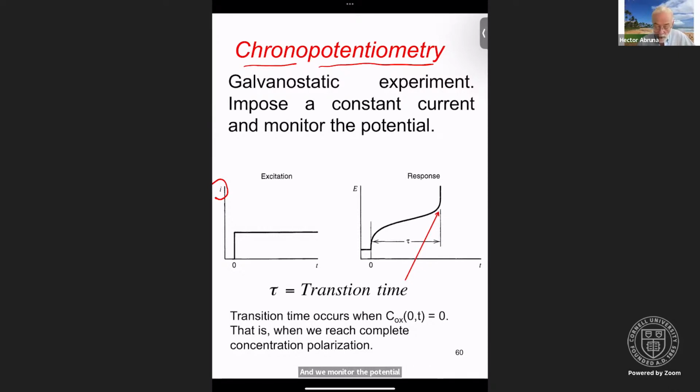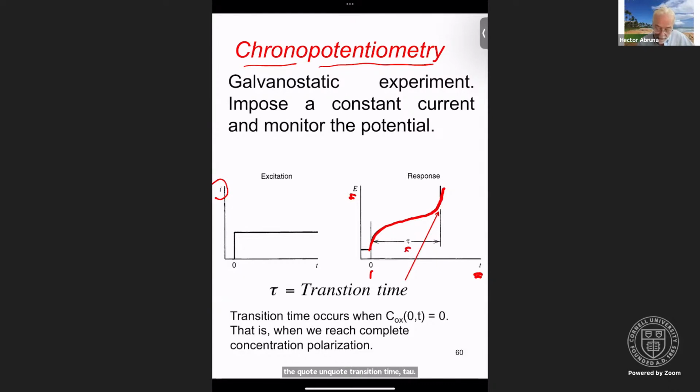A typical profile, if we look at the potential versus time response, is as shown here. This is where we put the current step. We'll see a profile that looks normally like that. If we extrapolate this, this is called the quote-unquote transition time, tau.